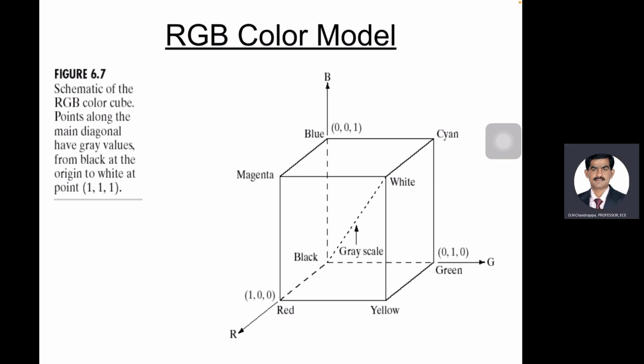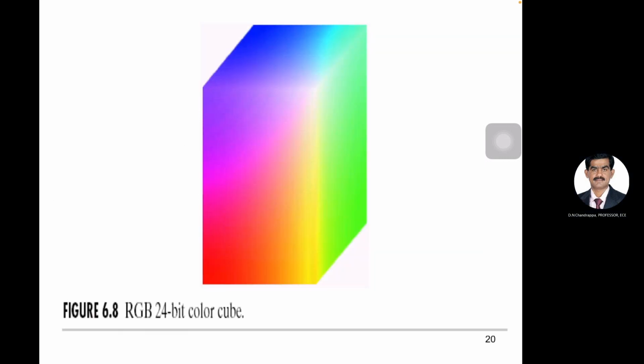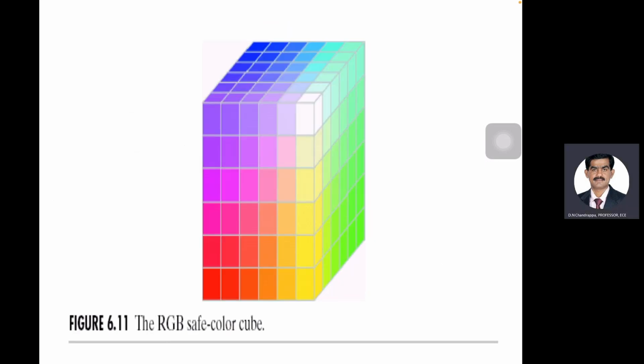The safe colors are the subset of colors that can be produced by any system; 256 safe colors for any system. See here the RGB 24-bit color model. It is the same as in the previous diagram, with different blocks representing the colors.